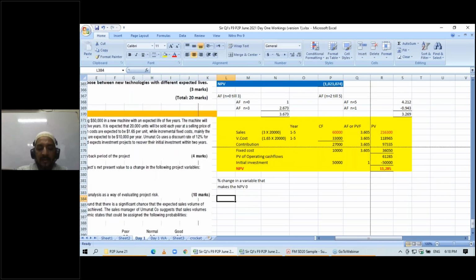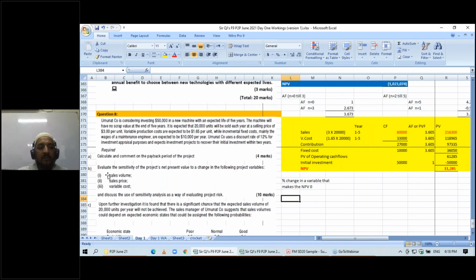The sensitivities which are needed in this question are for sales volume, for sales price, and the variable cost, right? These three sensitivities are to be calculated.